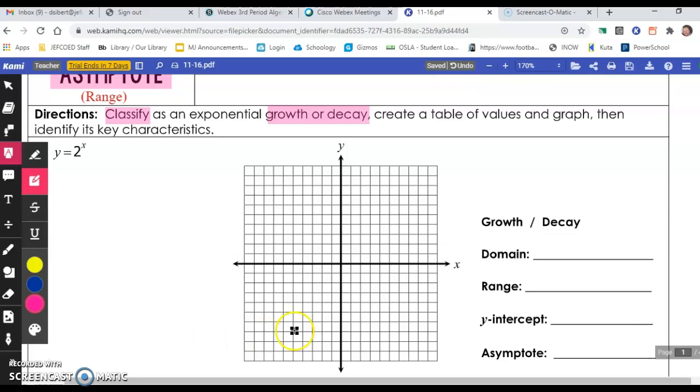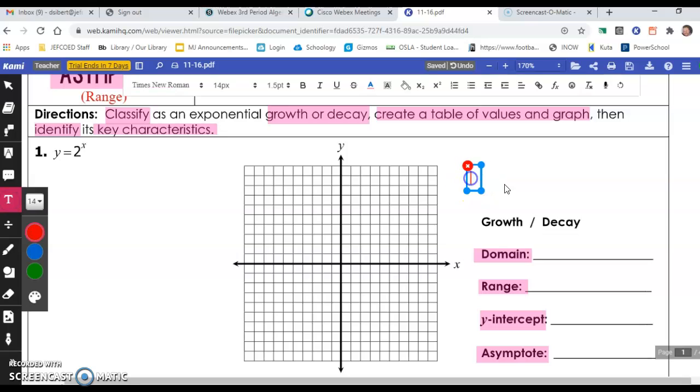That was in our notes from yesterday. We are going to create a table of values and graph them. So we're basically going to create a function table, and then we're going to graph those values. And we are going to identify key characteristics of exponential functions.